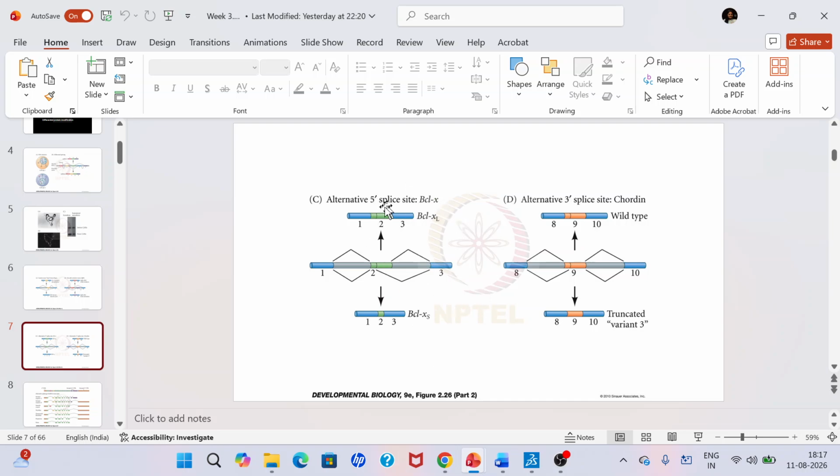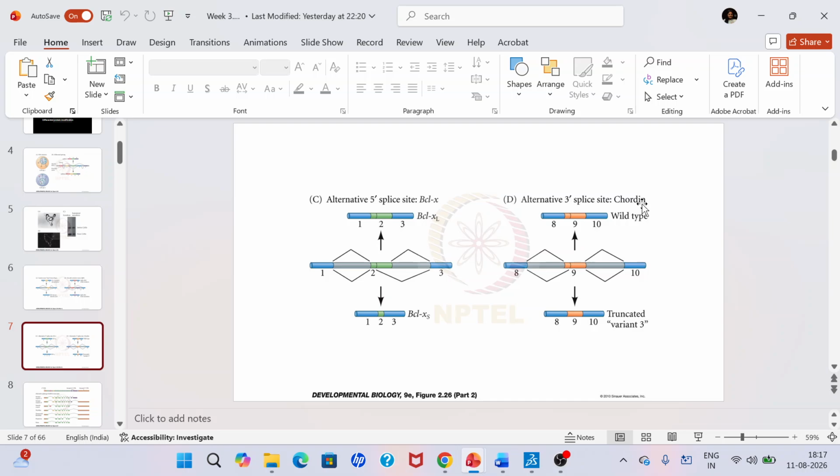So this is a phenomenon majorly used in cancer cells also. Cancer cells show this kind of phenomenon, depending upon whether they have increased the expression of BCLXL or BCLXS. And the alternative 3' splice site can be shown in the cordon protein.